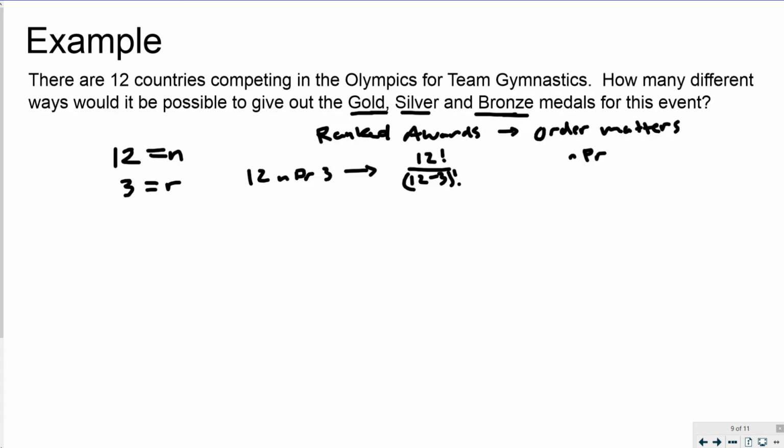And that leaves me with 1,320 ways. So there are 1,320 ways that I could give out the gold, silver, bronze for these 12 countries.